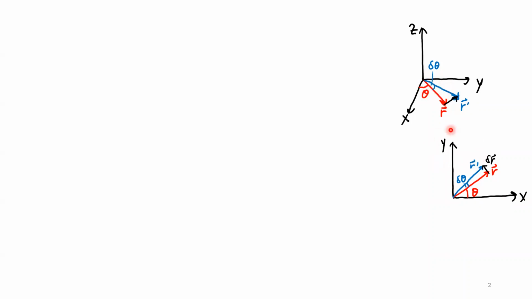This picture here is just redrawing the whole thing, but showing only the xy plane. This is the top view. You might remember the notation delta theta, which was used in chapter 2 when I was talking about rotational symmetry and virtual angular displacement.